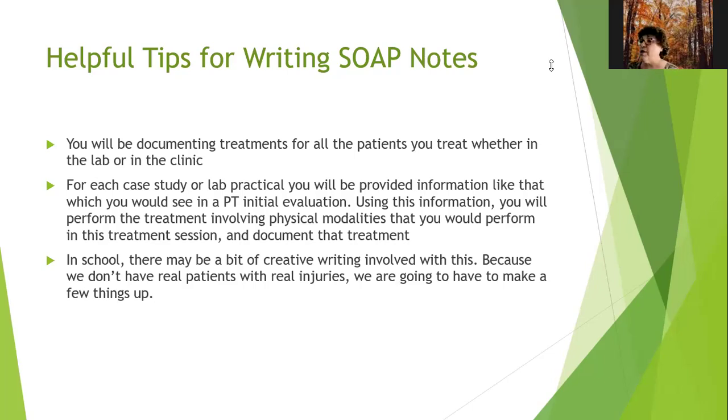So for manual therapy, say you're doing soft tissue mobilization or myofascial release, which you are going to be learning in your first and second lab this quarter. You could say STM for soft tissue mobilization. It could mean something else out of context, or you could say MFR for myofascial release.